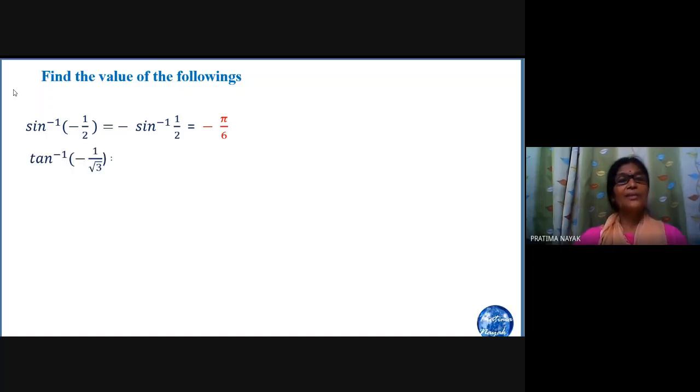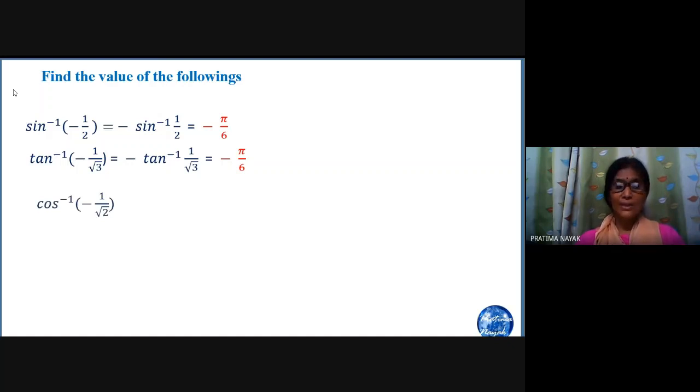Next, tan inverse minus 1 by root 3. So we'll put the concept; it will be the same as minus tan inverse 1 by root 3. And what is tan inverse 1 by root 3? It will be pi by 6 because tan pi by 6 is equal to 1 by root 3. And there was a negative sign, so it will be minus pi by 6.